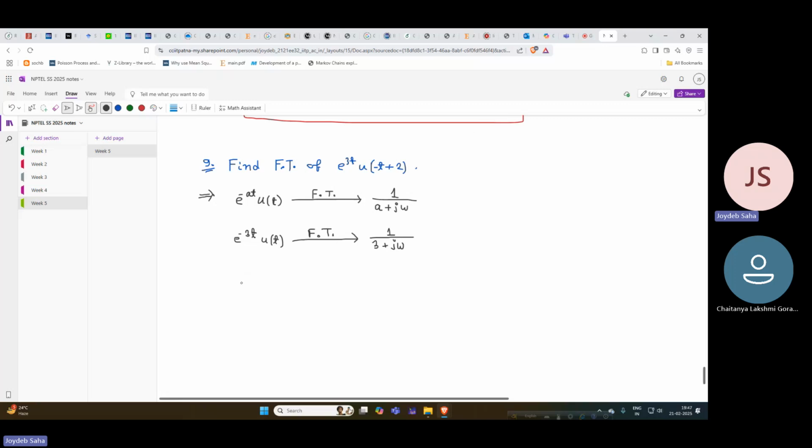We will get e to the power minus 3 times (t plus 2) u of t plus 2, its Fourier transform is e to the power j2 omega multiplied with 1 upon 3 plus j omega. Fine.